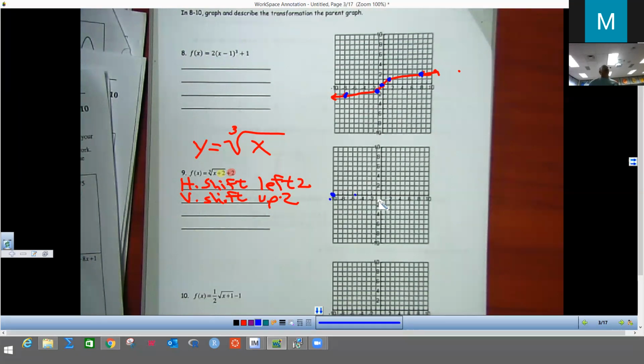And then this one is going to go from (-1, -1), left 2, up 2. And then the (0, 0) is going to go left 2, up 2. And the (1, 1) is going to go left 2, up 2. And the (8, 2) is going to go left 2, up 2. And then I just connect those dots.